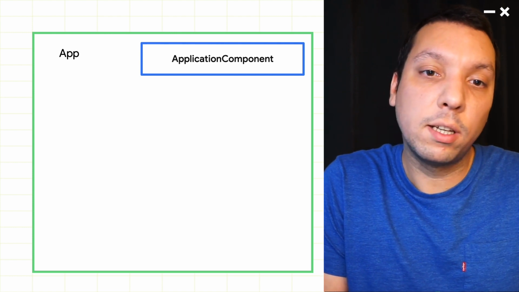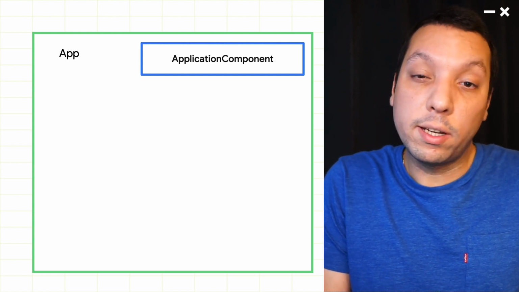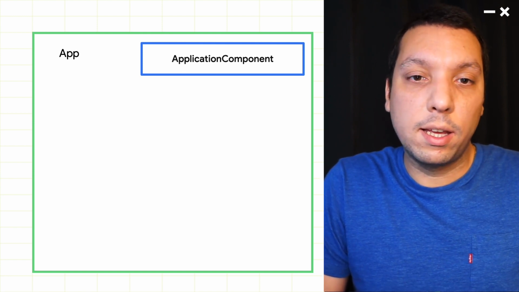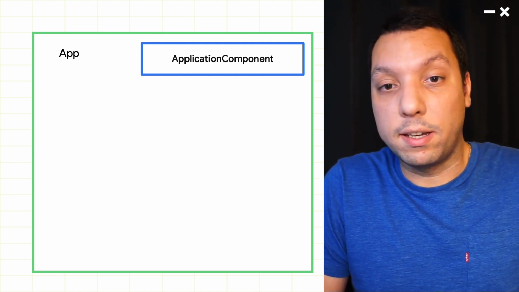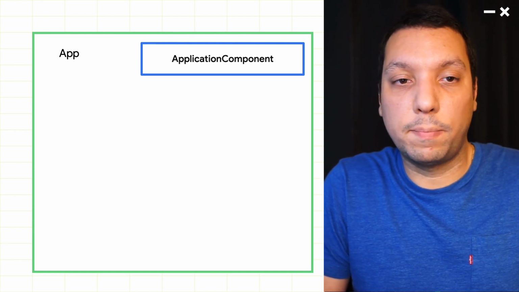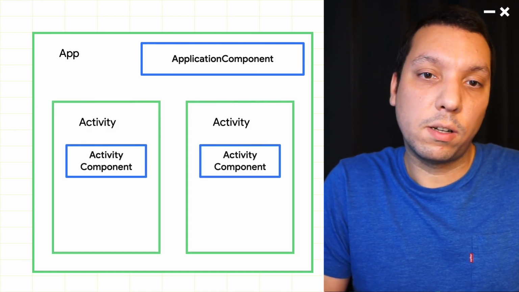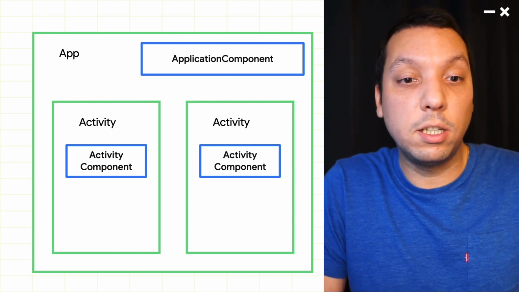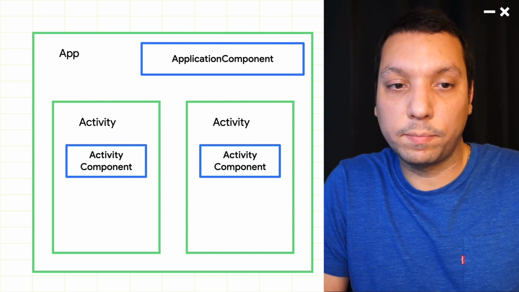To try to put a different perspective on this, ApplicationComponent is managed by the app. So components define the when and where dependencies are going to be available. And they do that because the components themselves get managed by the Android equivalent, the app managing the ApplicationComponent, activities managing each their ActivityComponent.